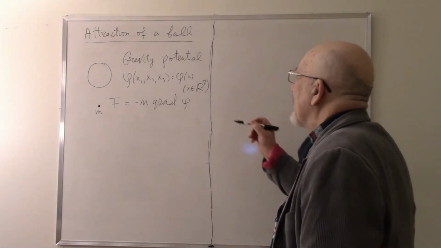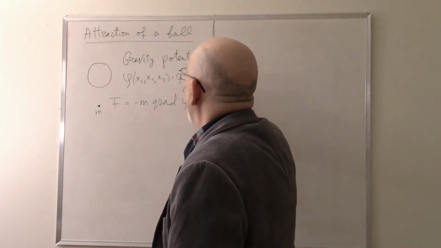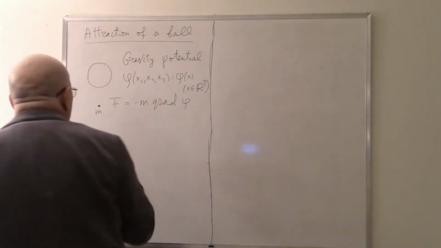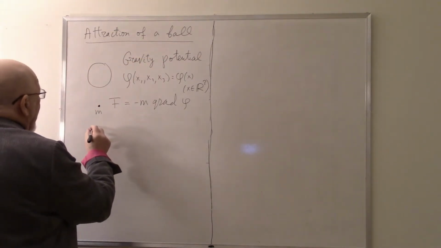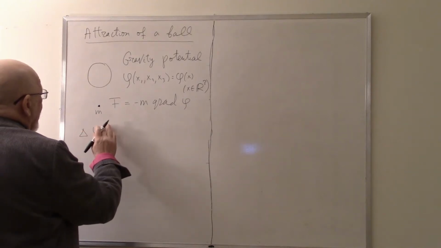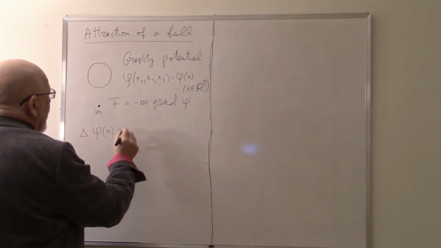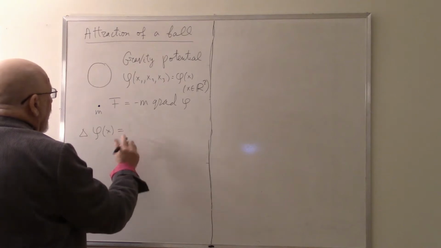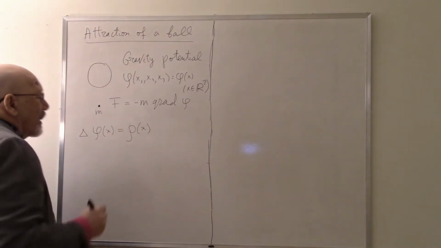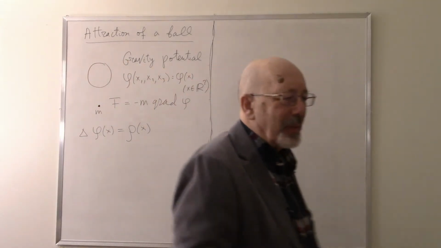What else is known about this phi of x? It is known that phi of x satisfies the following Poisson equation: Laplacian phi of x equals rho of x. Here rho is the density.